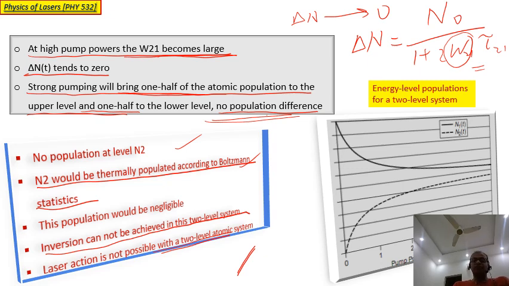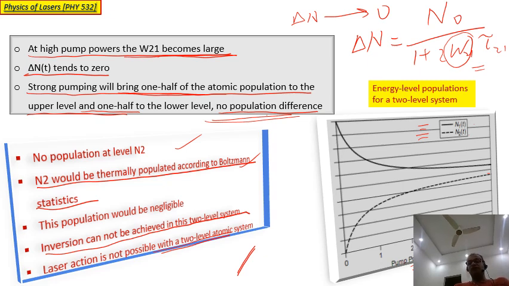ठीक है, अब इस ग्राफ में क्या शो किया गया है, the pump power, ओके, और N2 N1 level, N2 level. So if you increase the pump power, it's also increasing, okay, they are together, there is no population inversion.